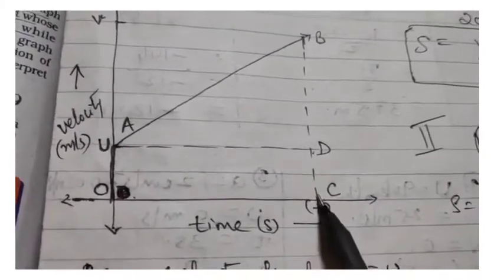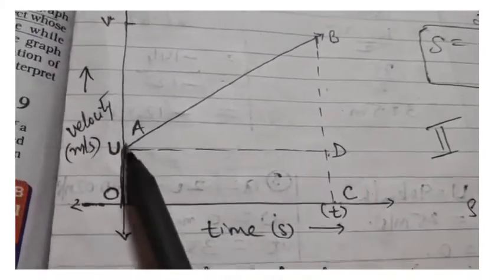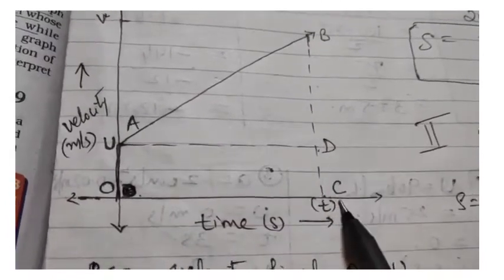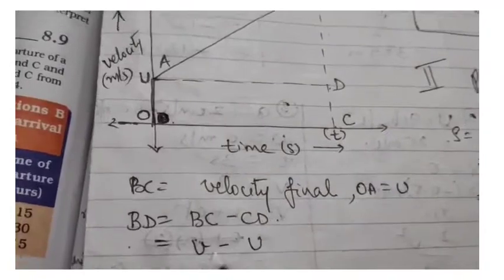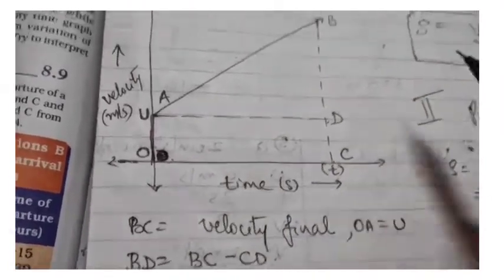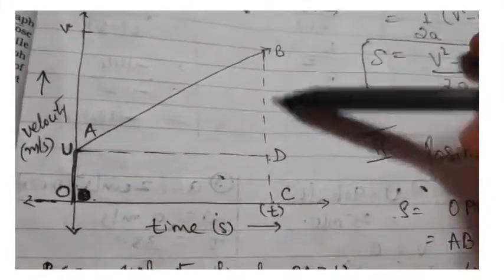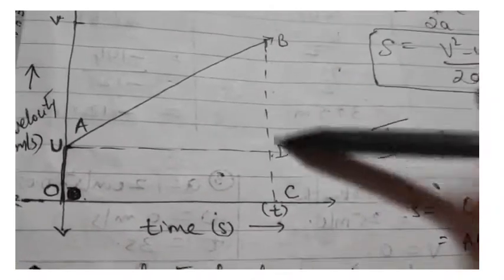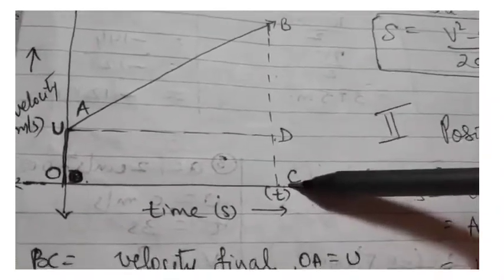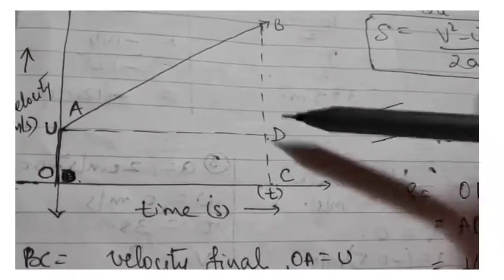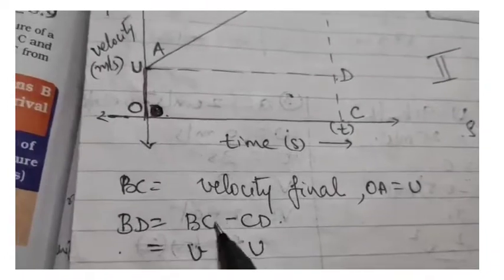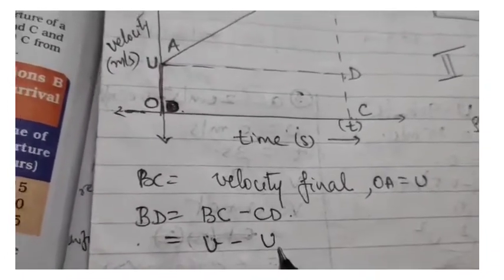So CD will be u minus 0, that is u. So CD will be equal to the initial velocity u. If I want to find out the BD distance, it will be BC minus CD. BC full is v, CD is u. If I subtract u from v, I will get the BD distance. So BD is equal to BC minus CD, that is v minus u.